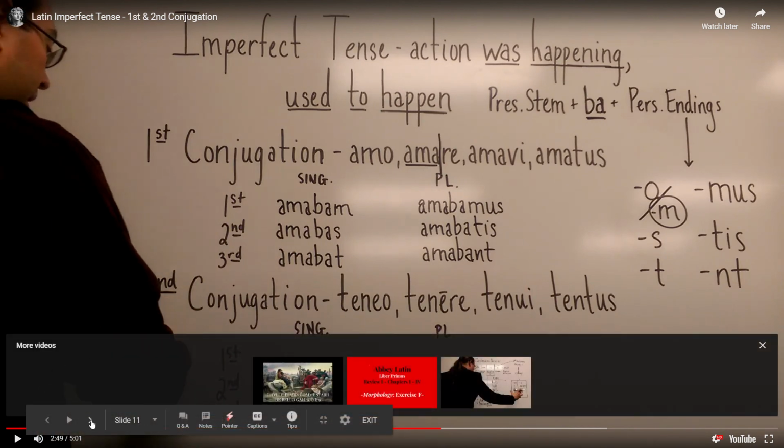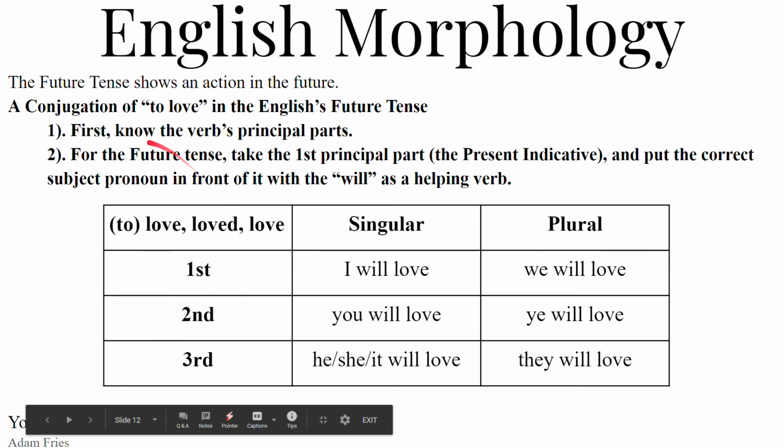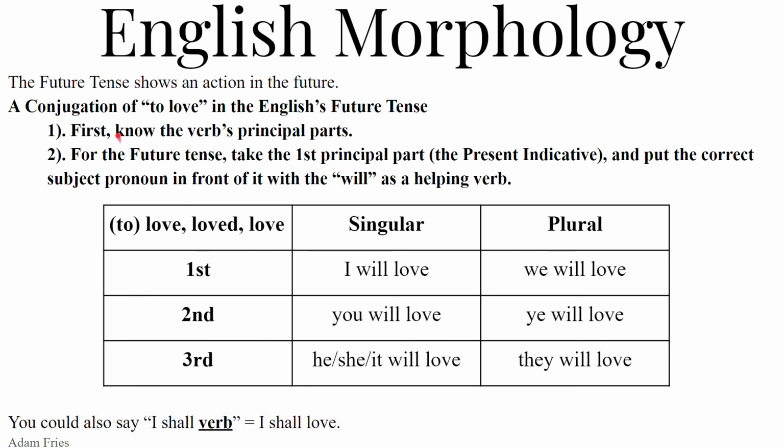All right. The imperfect tense: was, were, verbing. Let's move on to the future tense, which in Latin shows a future action that will or shall happen in the future. So here's how to conjugate a verb in English's future tense.